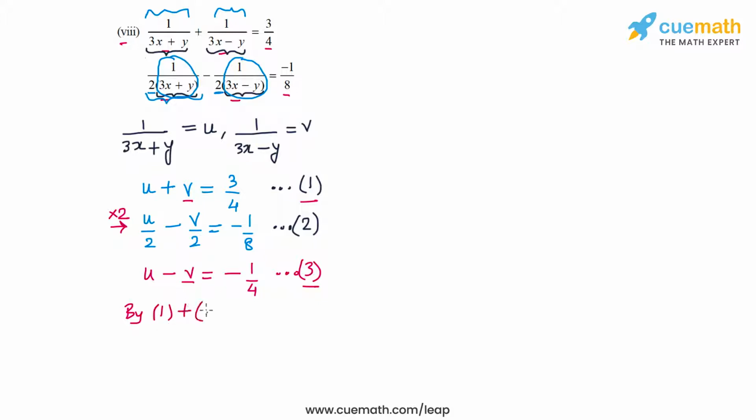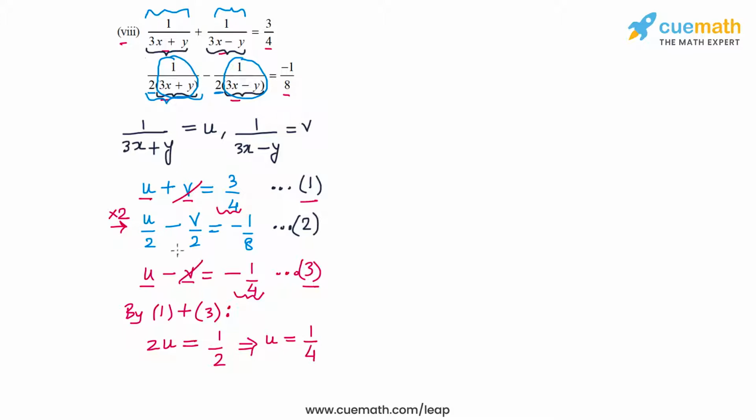By 1 plus 3, what do we get? On the LHS we get u plus u, that's 2u, and the v terms will cancel out. On the RHS we get 3 by 4 minus 1 by 4, so that's 2 by 4 or half, and this means that u is equal to half by 2 or 1 by 4.